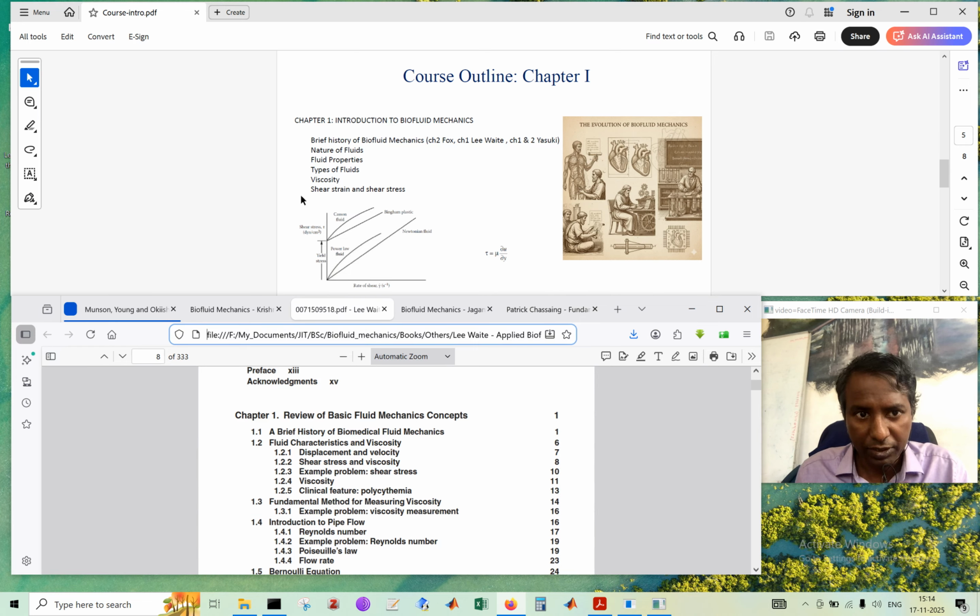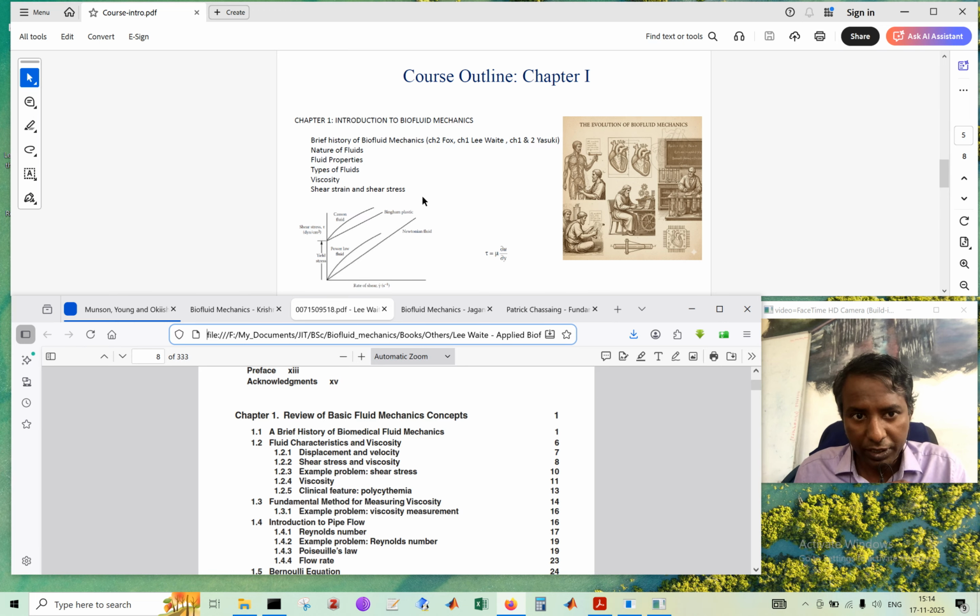Then comes the nature and properties of fluids and types of fluids. In fact, viscosity is a property of fluid, and there are the stress-strain relationships for solids as well as fluids. When we talk about fluids, it not only refers to liquids, it also refers to air and gaseous states, because they all flow.